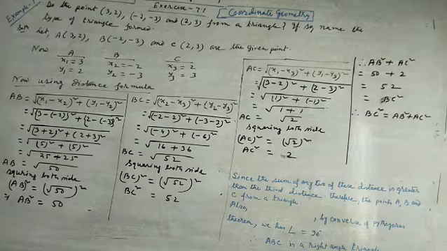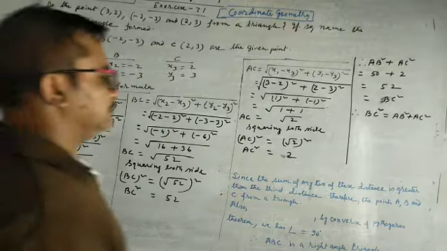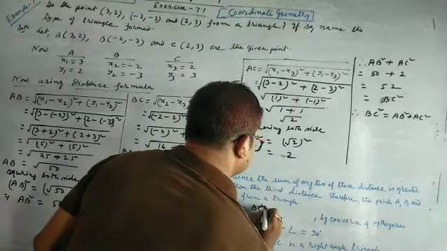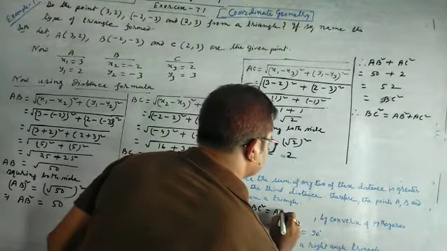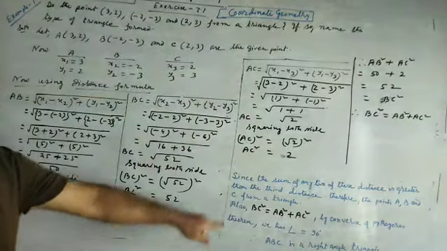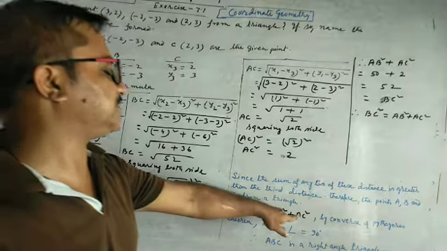Okay. Also, BC square is equal to AB square plus AC square.